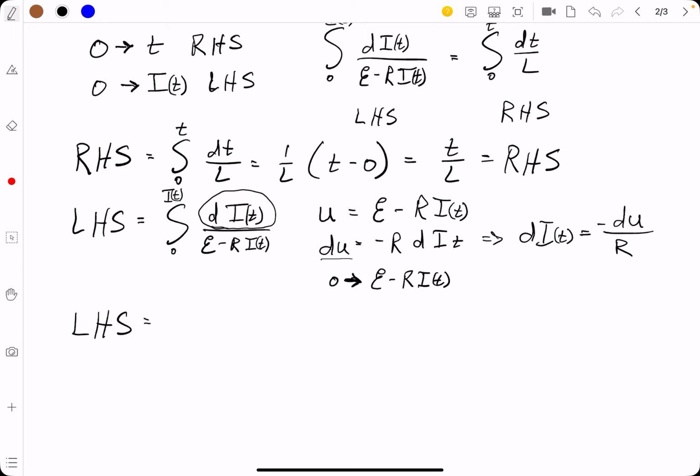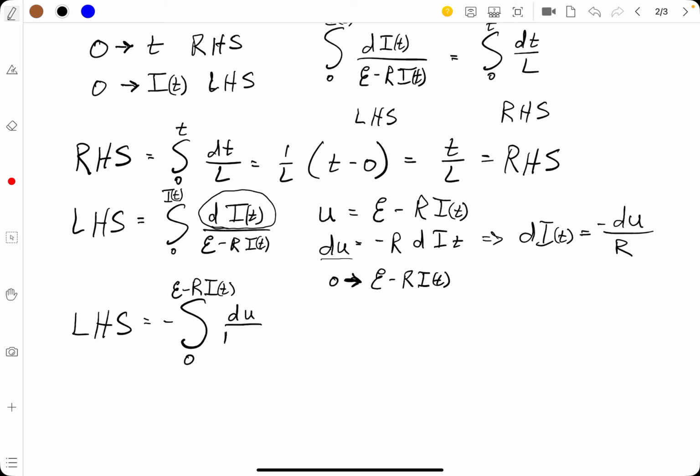So now our left-hand side has an integral. We're going to go all the way up to here now from 0, and let's put in our stuff. We've got du. Don't forget our minus sign. Let's put our minus sign in there.